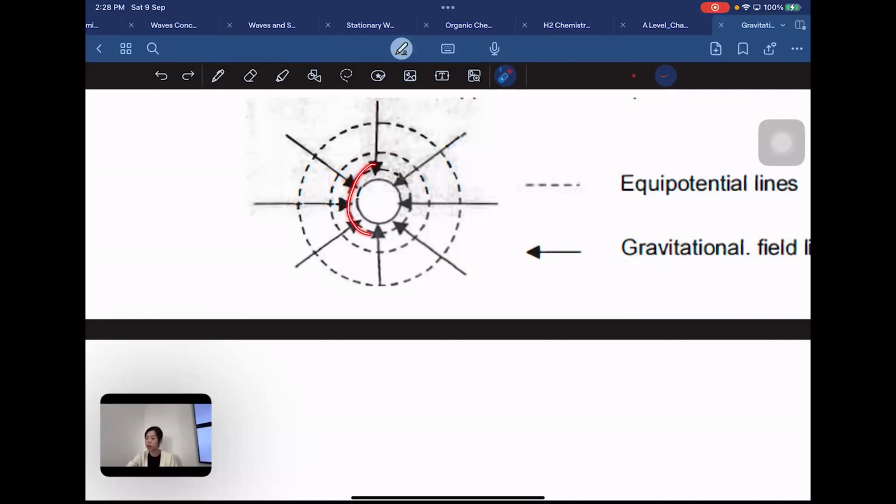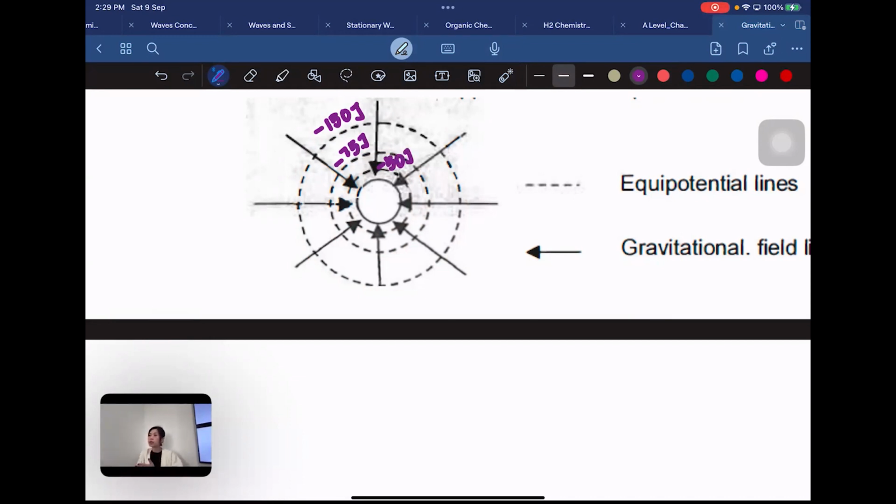So you end up having rings of circle around your celestial body. Now, each line represents a potential. Imagine this is negative 150 joules, this is negative 75 joules, and this is negative 50 joules.